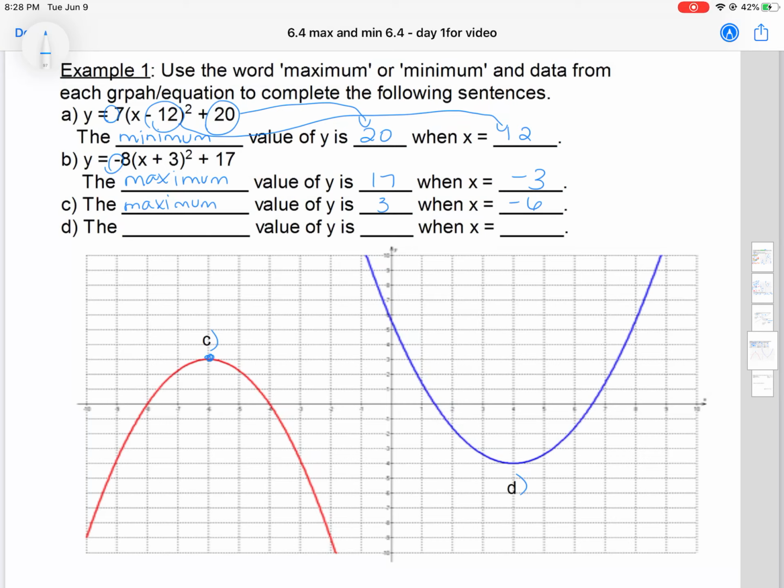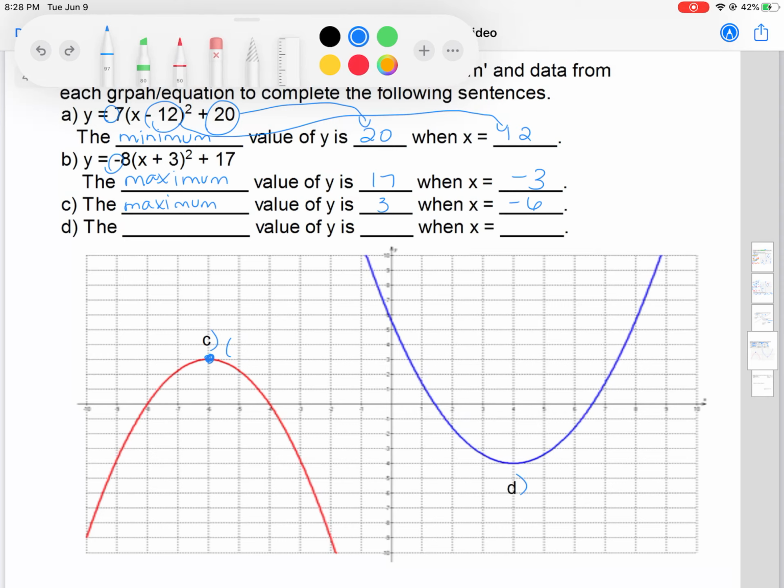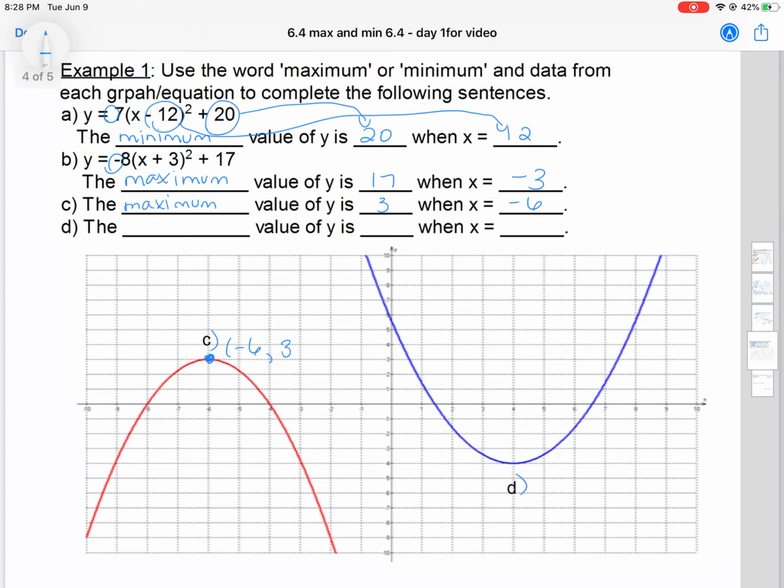So I'm just looking at this point here, the vertex, and the vertex is at -6 and +3. And then over here, now that's a minimum value when y is -4, when x is +4. So I just read it off the graph.